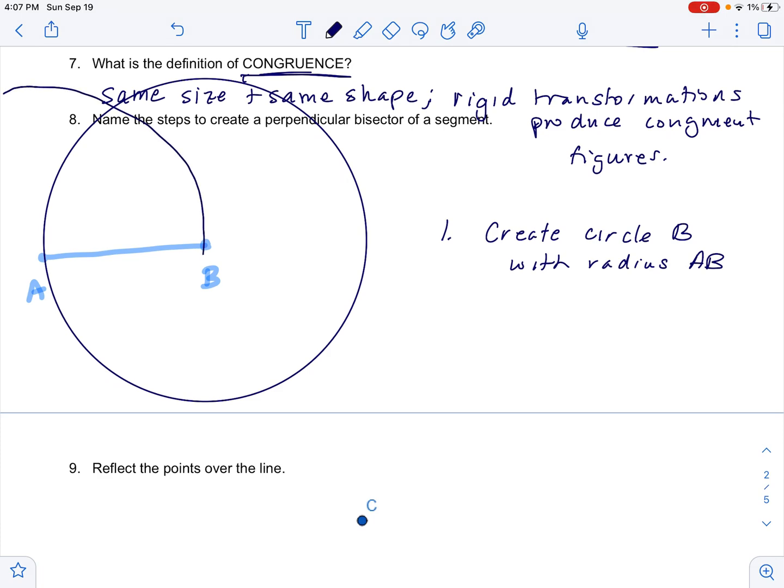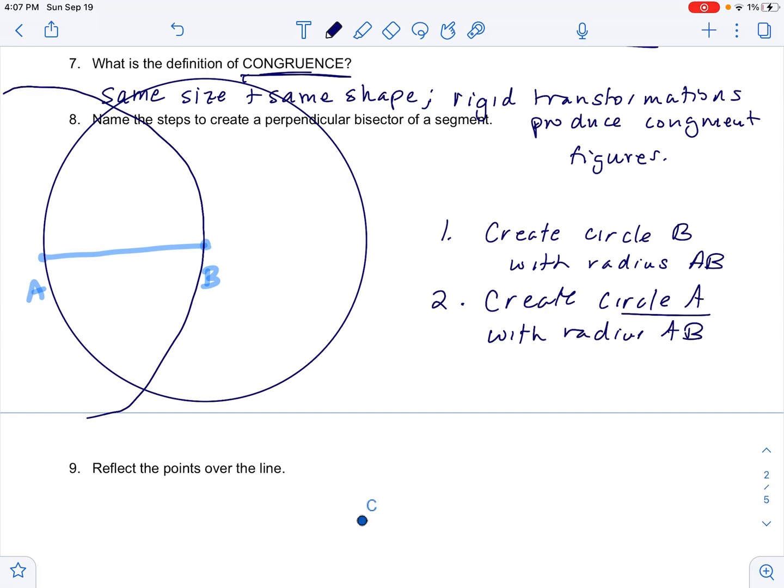So I would create a circle that goes like this. Just a reminder, when I say circle A, I mean the center is at A. Now the perpendicular bisector is the line through the intersections of the circles.